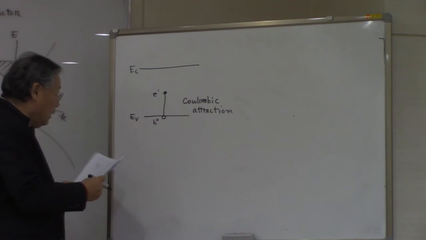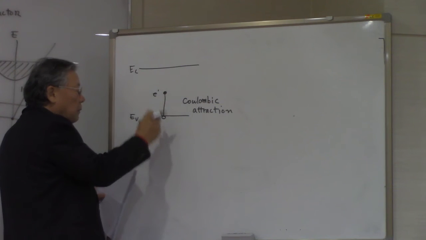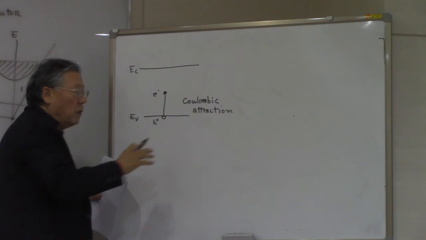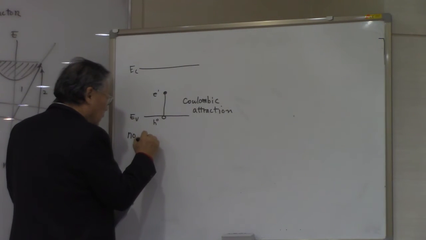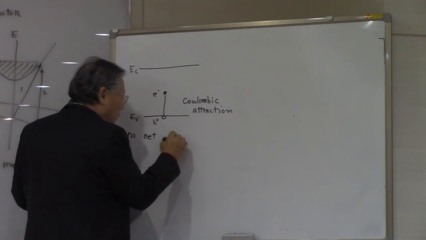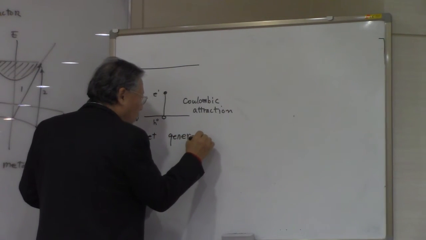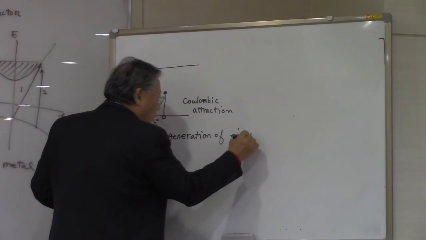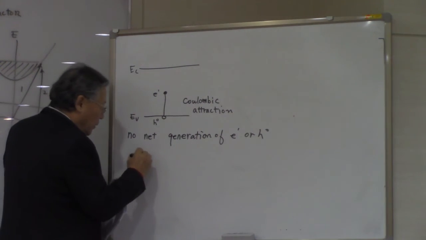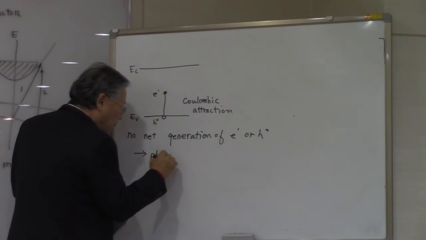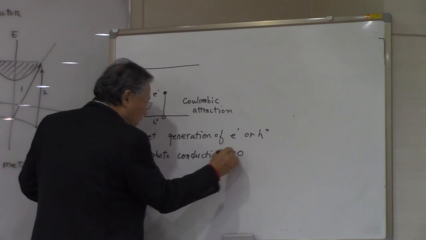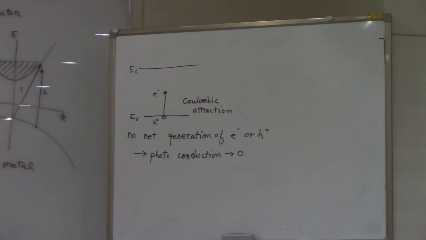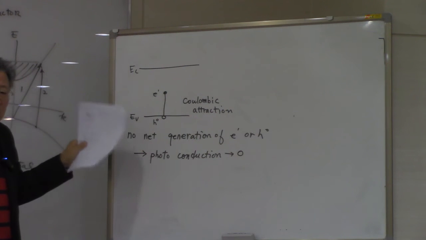Okay? So in this case, plus and minus charges are coupled, so no net conduction happens. No net generation of electron or hole, right? So the photoconduction is zero. There's no net charge transfer with this light absorption.